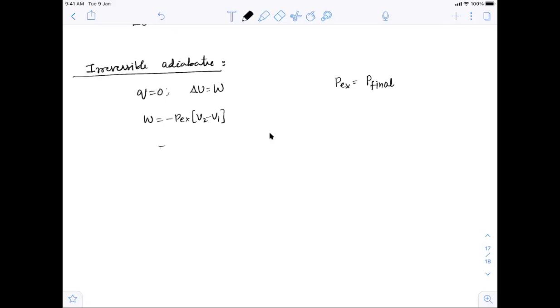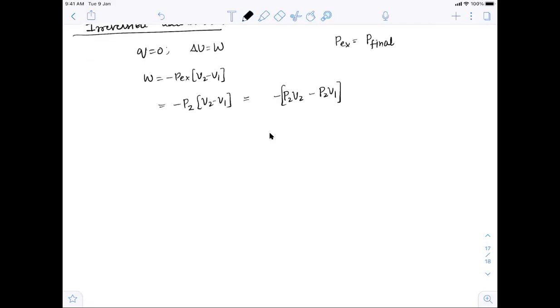So I can replace that as minus P2 into V2 minus V1. If I push that inside, I will get minus P2 V2 minus P2 V1. This way I can calculate. Or I can use delta U, which is equal to n Cv (T2 minus T1). This formula can be used as well.